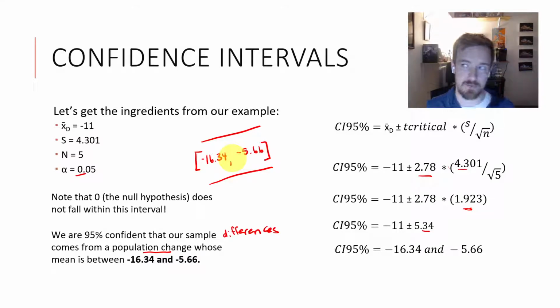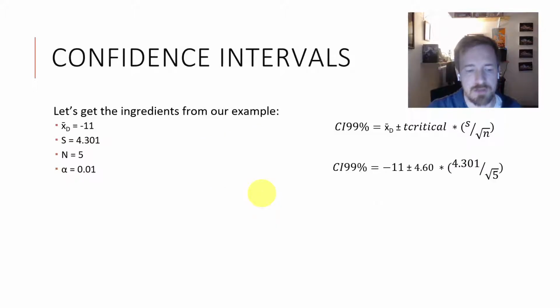For our class, I think pretty much always it's going to be 0. So here, does 0 fall between these values? It does not, which means that we're 95% confident that our population difference mean comes from somewhere between these two estimates, but it's highly unlikely that it is 0 at this point.